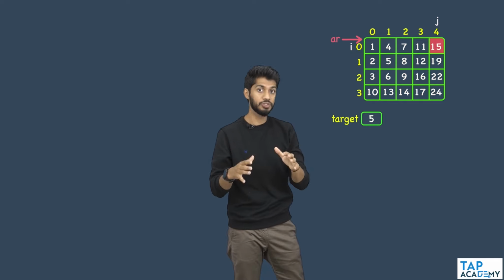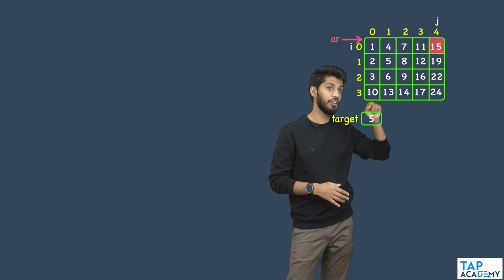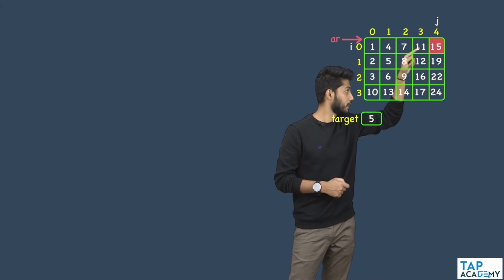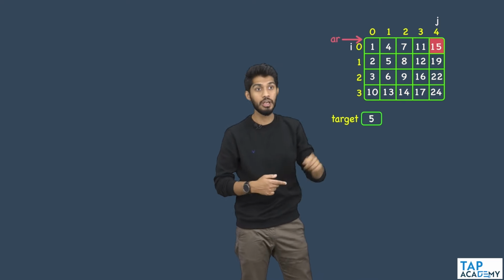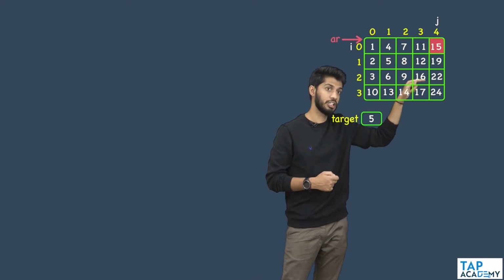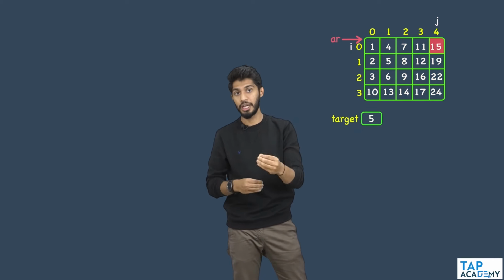Why I am doing this is very simple, because in case the element that I am searching for, that is 5, is smaller than this particular element, I know it definitely exists on this side and not on this side, because this column is in ascending order and all the elements below this are greater than this particular element. So you know for sure that the element does not exist in this particular column. This is the basic idea behind this algorithm.